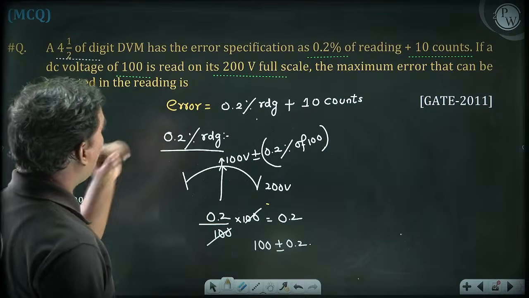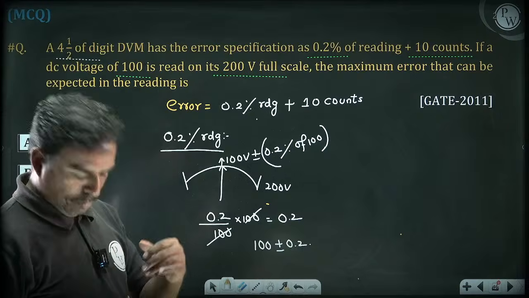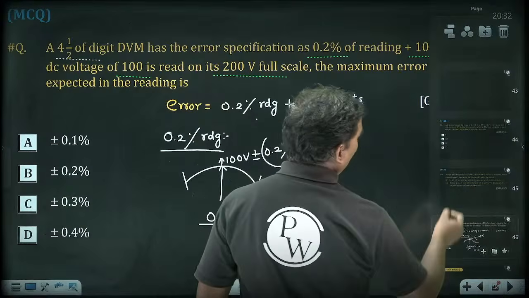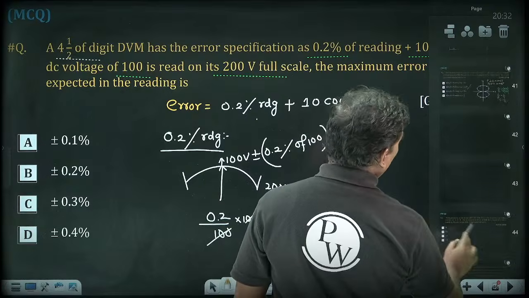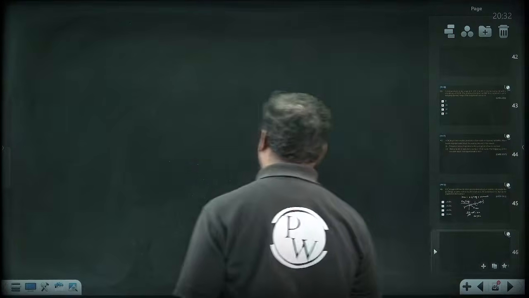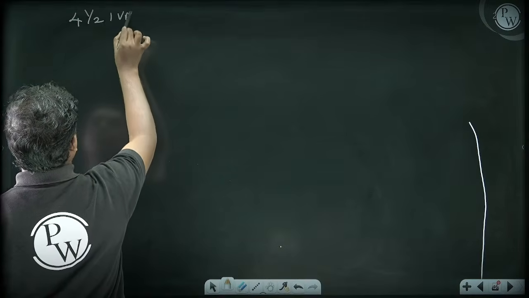Next, 10 counts. First of all, what do you mean by 1 count? It is a 4.5 digit DVM. How do we understand 4.5 digit DVM? It means 4 full digits and 1 half digit.